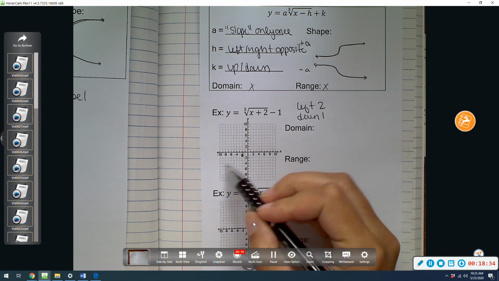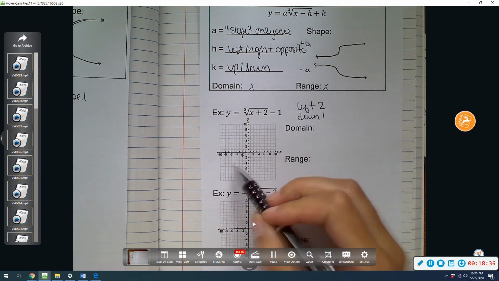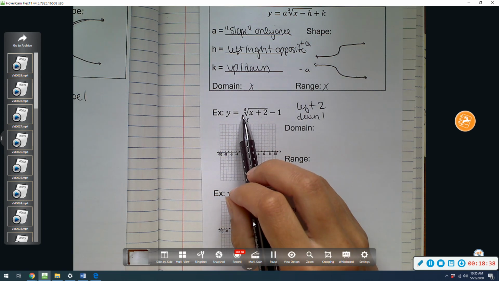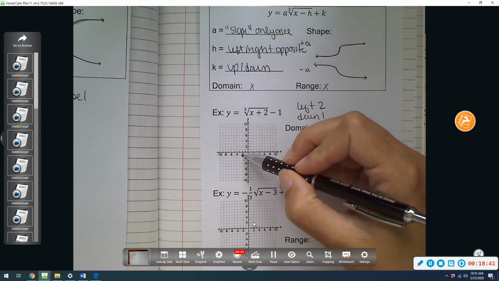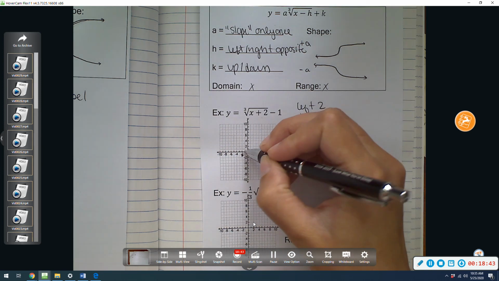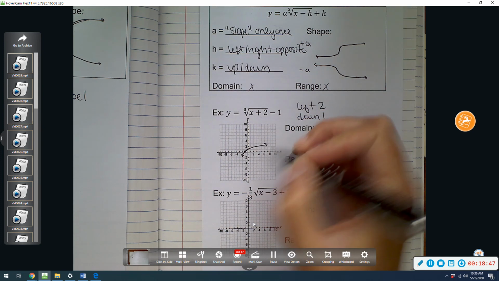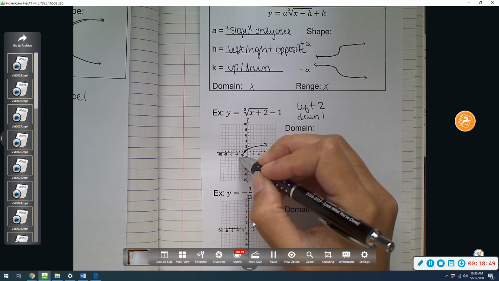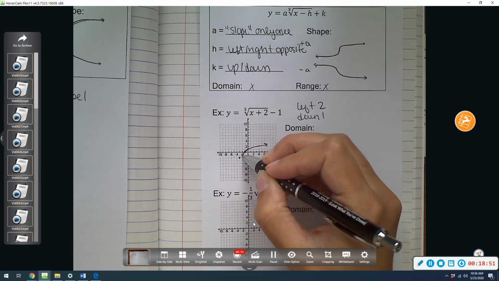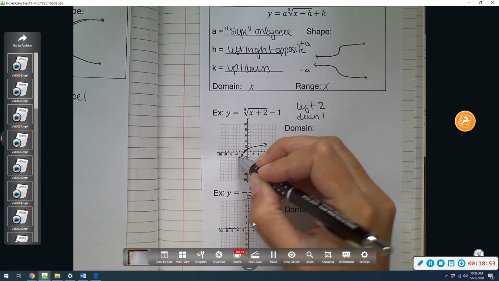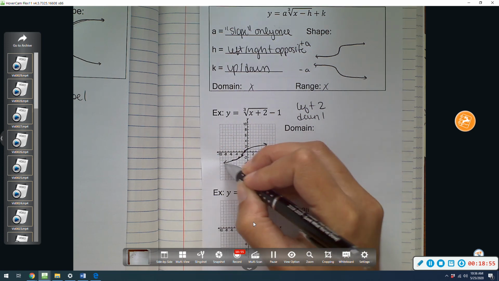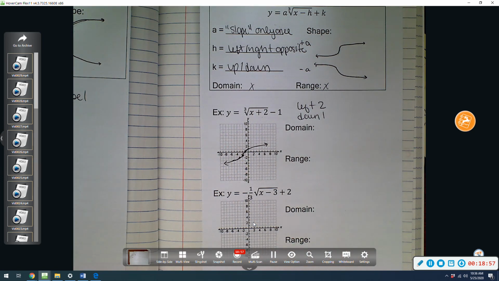So it's going to go back like this and over like that, exactly by a slope of 1 because there's nothing out front. From here I can go up 1 over 1 and it goes in this direction, but I can also go down 1 back 1 because this graph does go in both directions, and so you get your stretchy S.